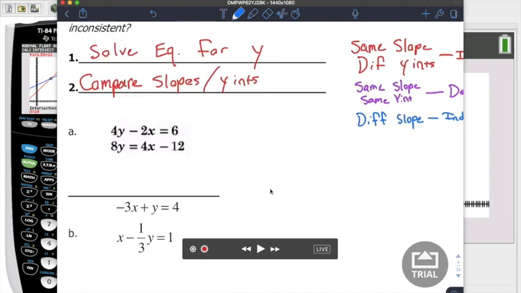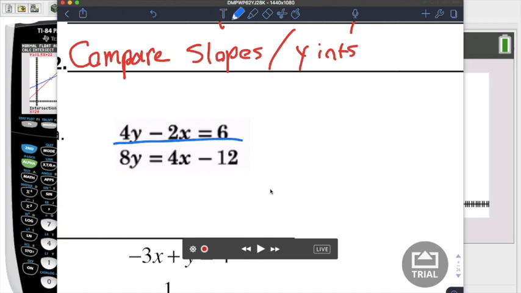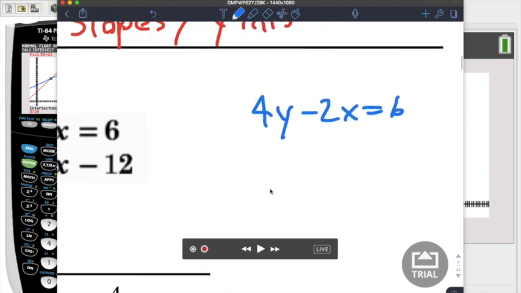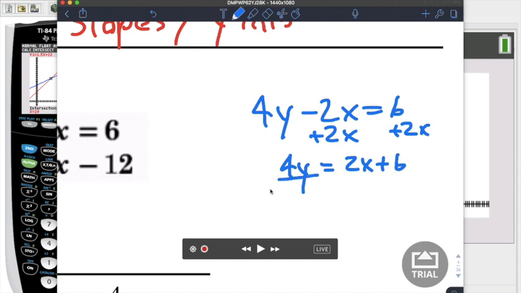So, all right, let's look here at the first one. Notice it's kind of in a weird order. 4y minus 2x equals 6. I guess the x and y are a little bit different order, but that's okay. We'll add 2x, add the thing that's not y to the other side. That's 4y is equal to 2x plus 6. Not like terms, right? And then divide by 4 to cancel out your 4's.